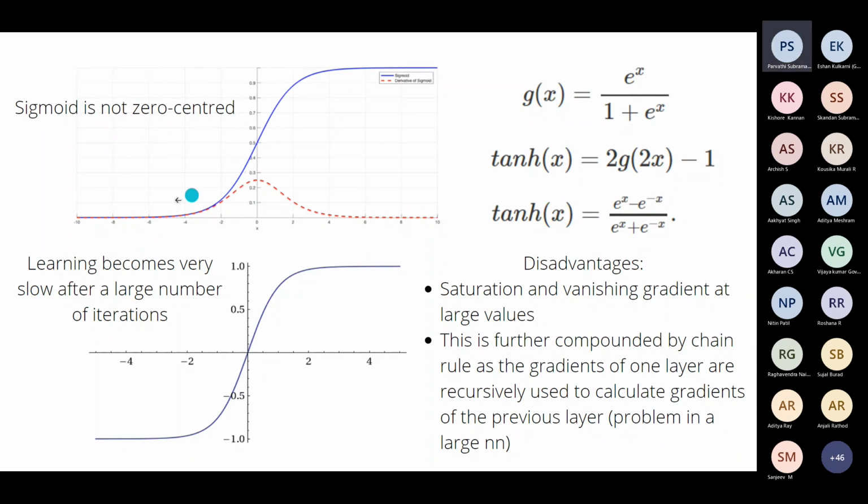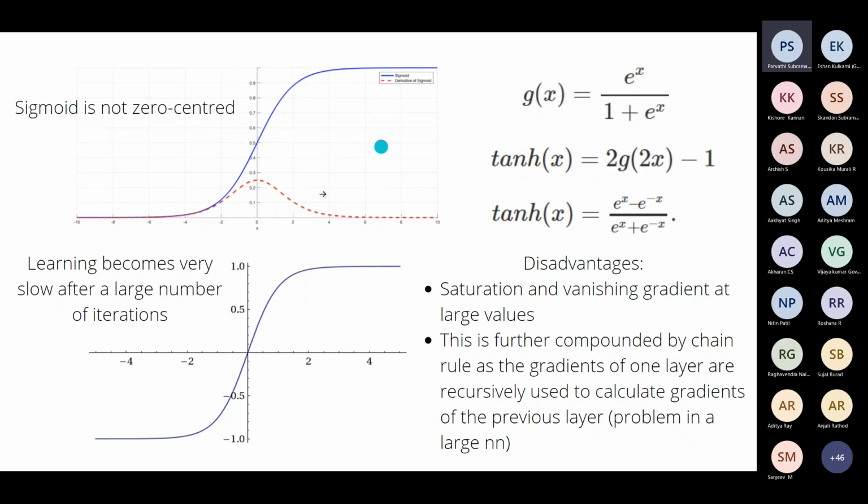And the derivative, as you can see, is maximum at 0 and tapers off at both extremes. For this particular function, 0.25 is the maximum value of the derivative, and then it tapers off to 0 in both directions. So using this as your activation function would satisfy the requirement of introducing non-linearity into the neural network. But at the same time, it has some disadvantages.